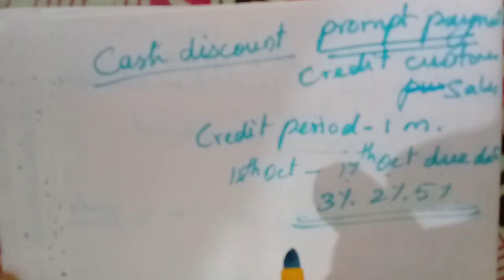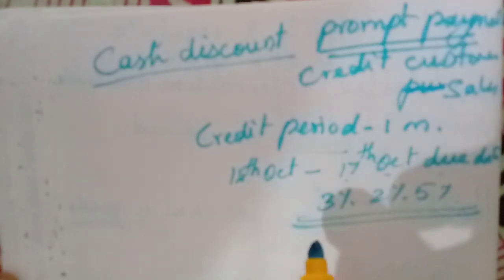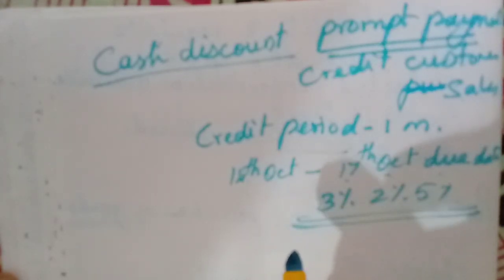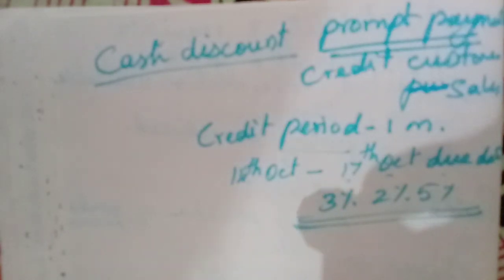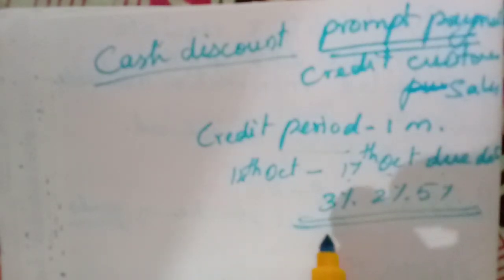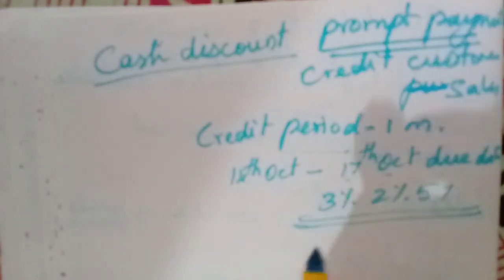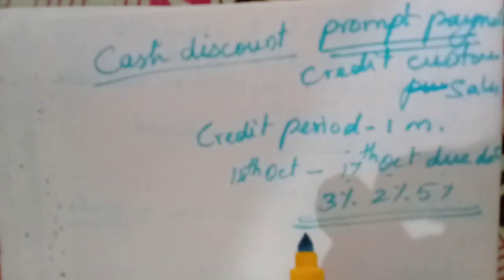When we receive the amount from the credit customers, we will show the amount of discount. We will not receive the full due amount. That will be reduced and only the remaining amount we will receive. That amount will be shown in the discount allowed column.